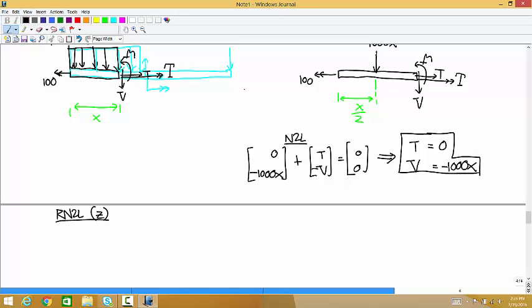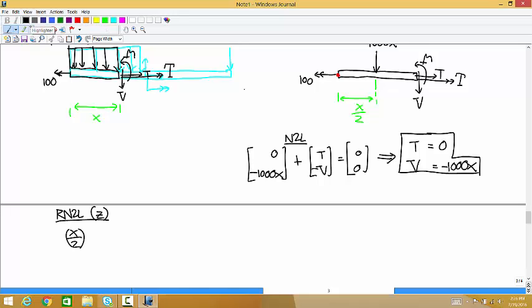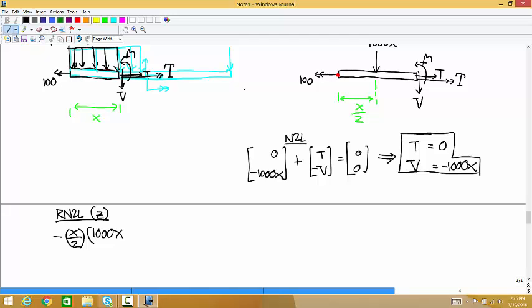The moment arm for the 1,000x is x over 2. Is that clockwise or counterclockwise? There's the about point. That's clockwise, so yeah, negative x over 2 times 1,000x. And then plus m minus vx is equal to 0.